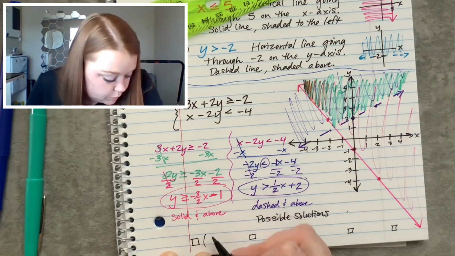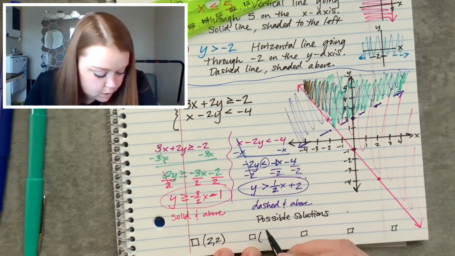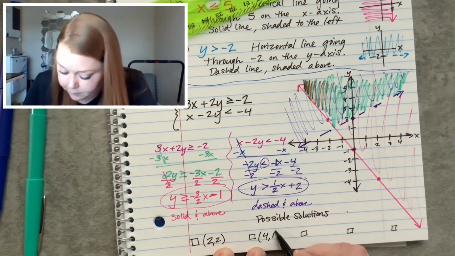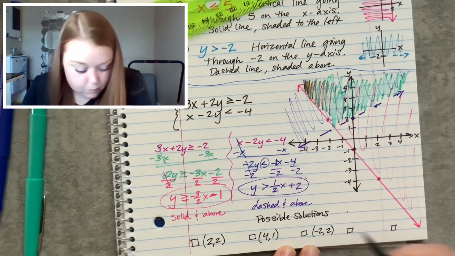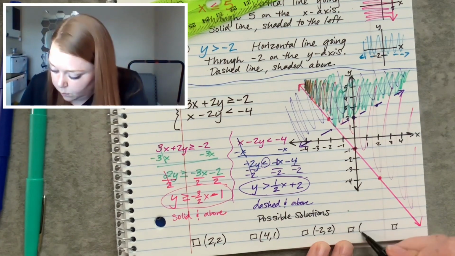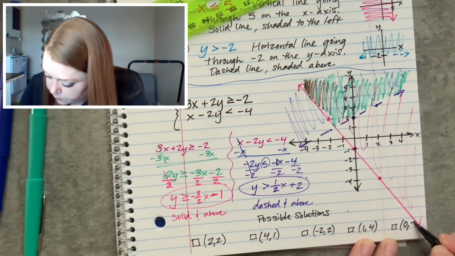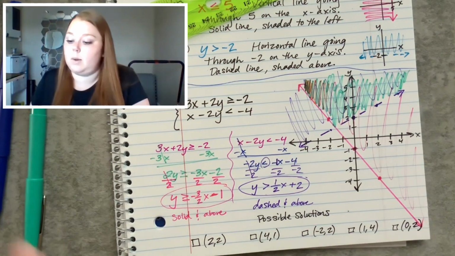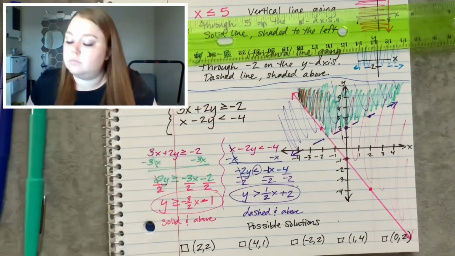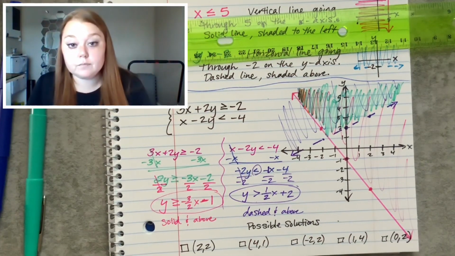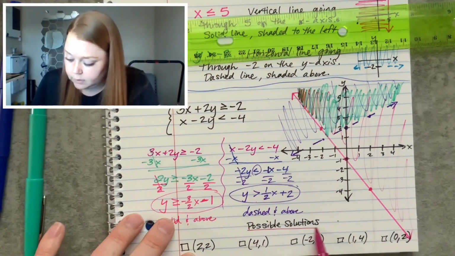Okay, so your options are (2, 2), (4, 1), (-2, 2), (1, 4), (0, 2). I want to talk about it, so pause the video, try that out yourselves. Okay, and you're going to select all that apply. There might be more than one answer.